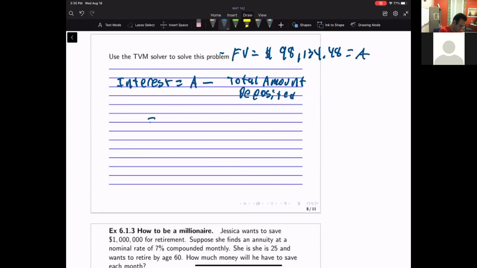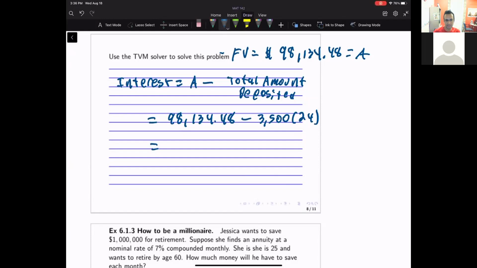Okay, so then this is going to be 98,134.48 minus the total amount deposited. So that's going to be 3,500 from each deposit, and we made 24 deposits, so we multiply those two.